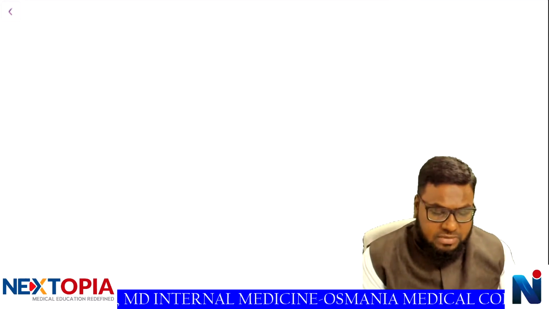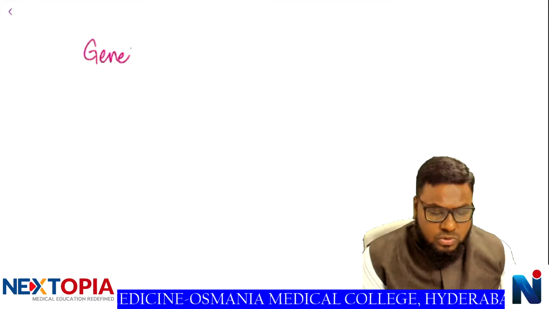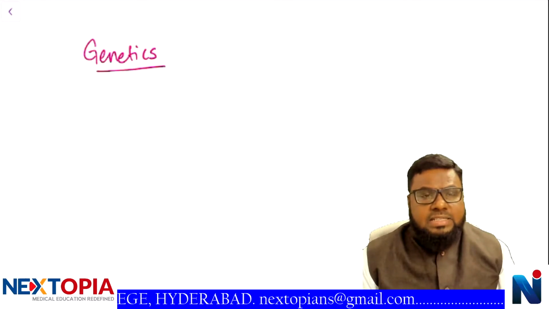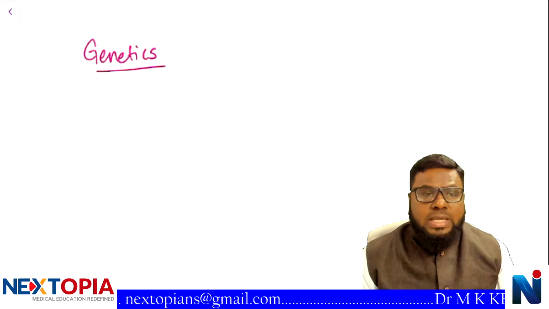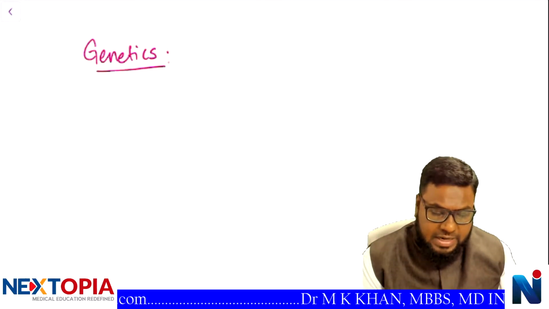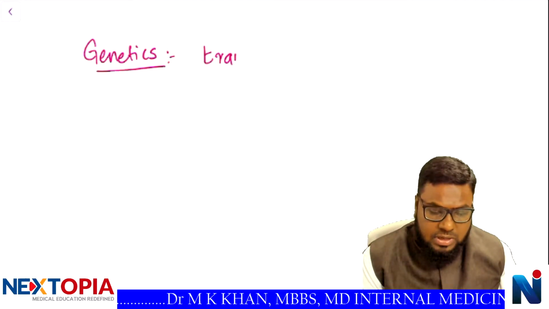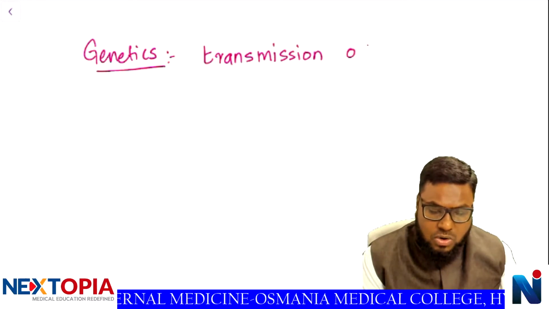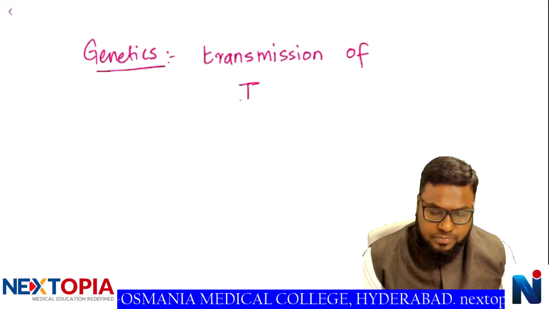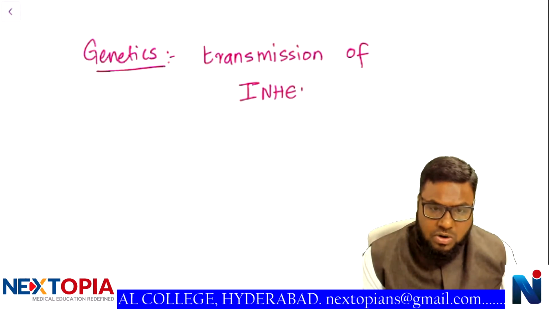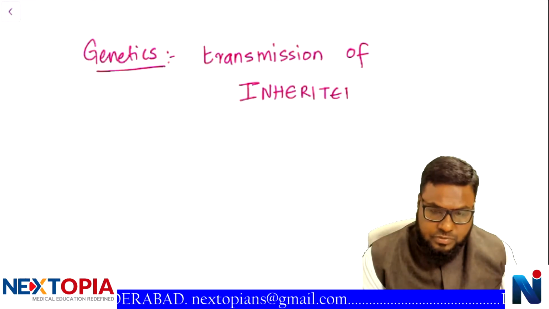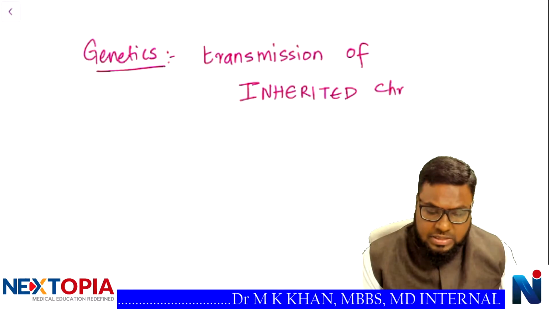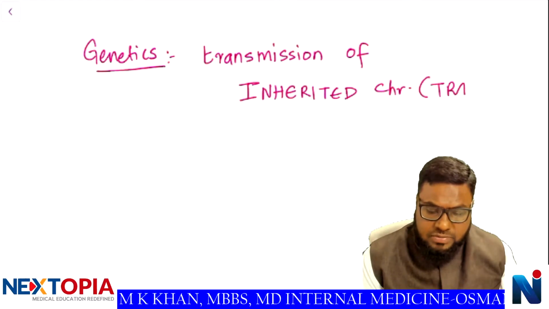I'll talk about genetics first. So what is genetics? Genetics is a branch of biology that deals with transmission of inherited features, or inherited characters, or inherited traits, we call it.